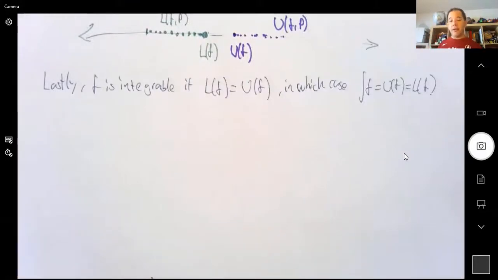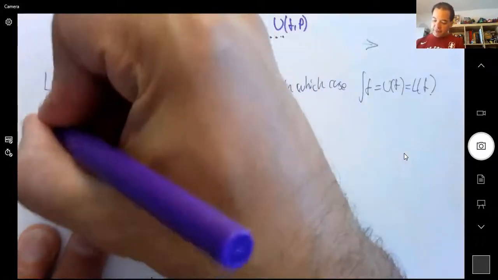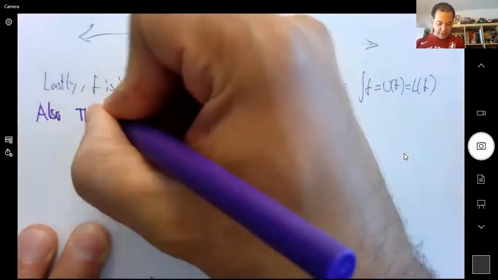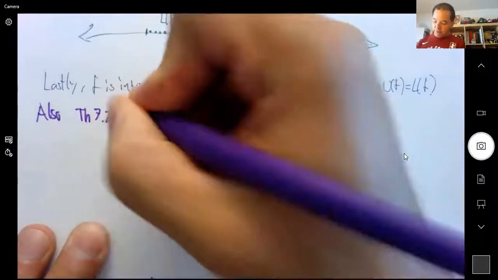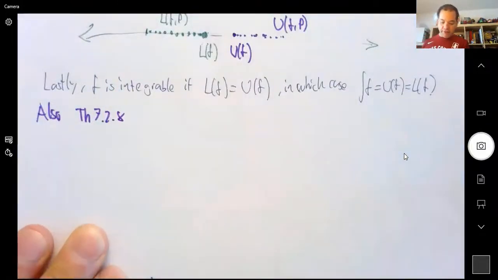Well, and we also had this theorem, which is going to be our workhorse. So this is also theorem 7.2.8, which is called the integrability criterion.